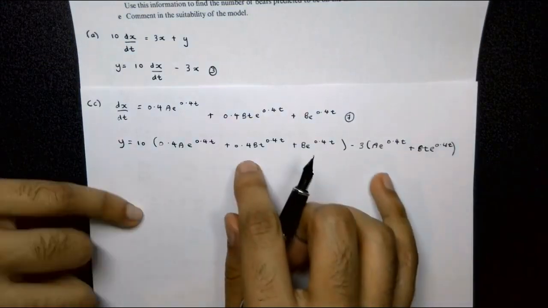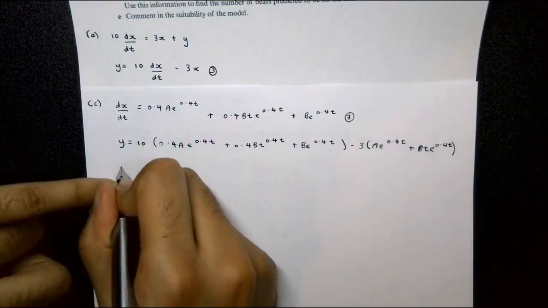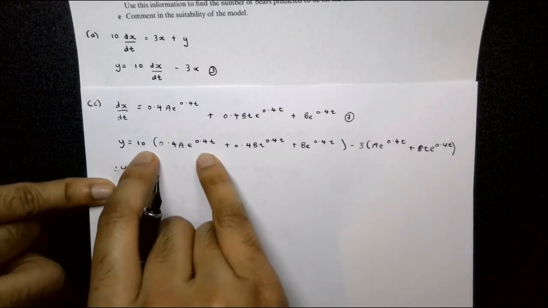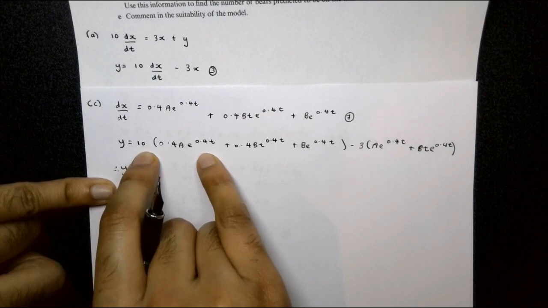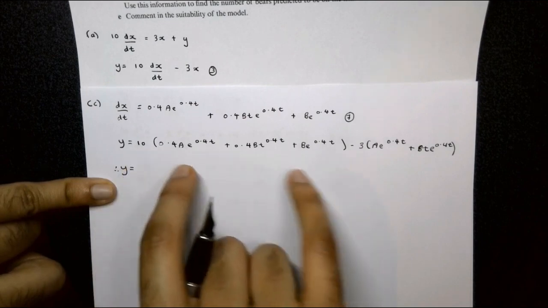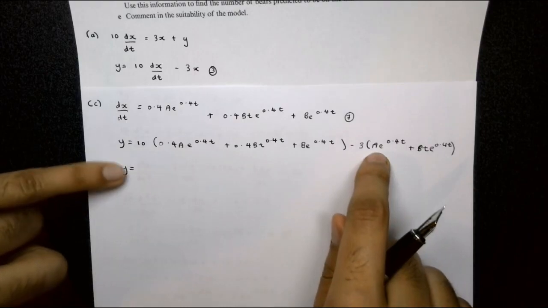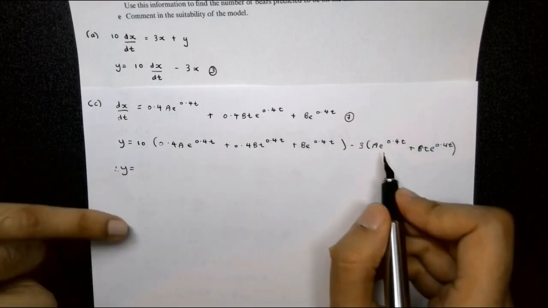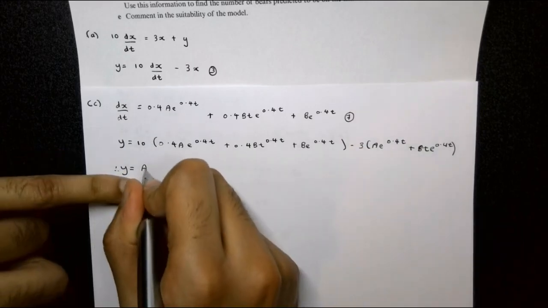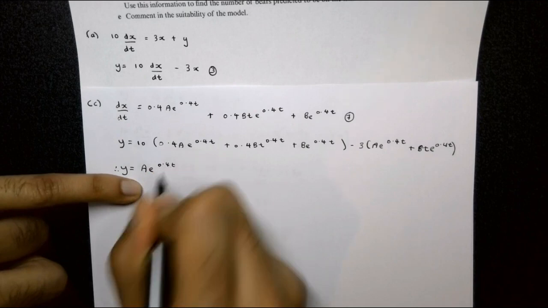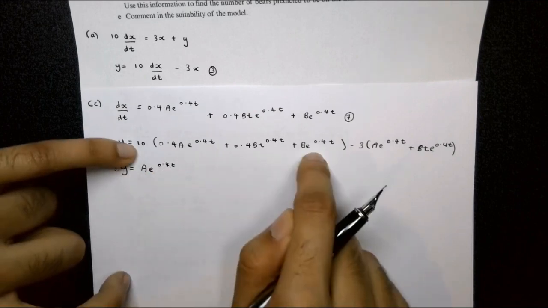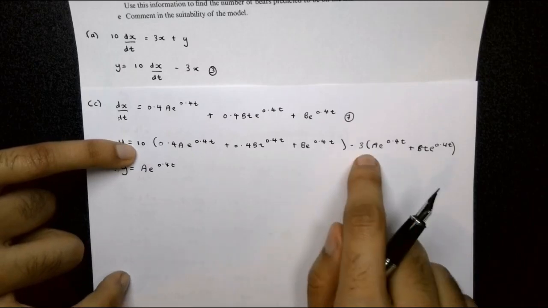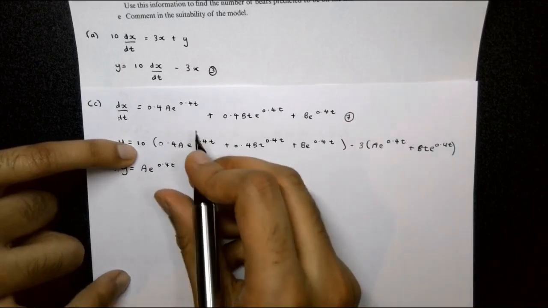And if we tidy all of this up, you can see y is equal to, well, we've got 10 lots of this, and then we've got this result over here. So 10 times 0.4 minus 3, that's just 1. So we have a e to the 0.4t, and then we've got 10 times this, which is 10, and that's all we have for that term.